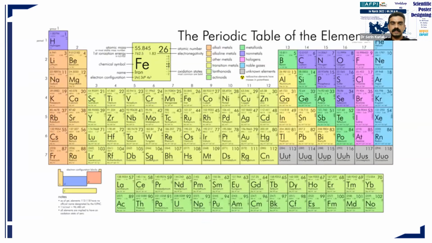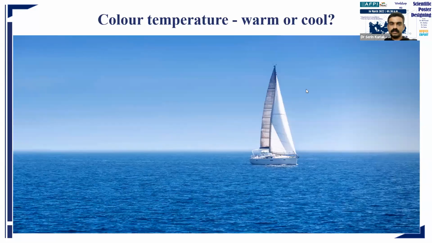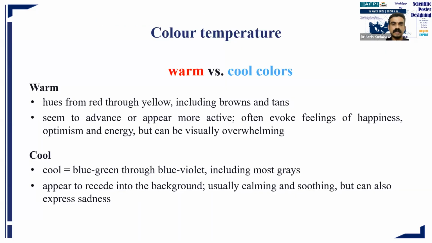Here we can see many colors, but this is a periodic table. So here color is used as a tool to organize different elements. That also we can do. Basically there are two tones, warm and cool. Those two tones give entirely different feelings to the audience.